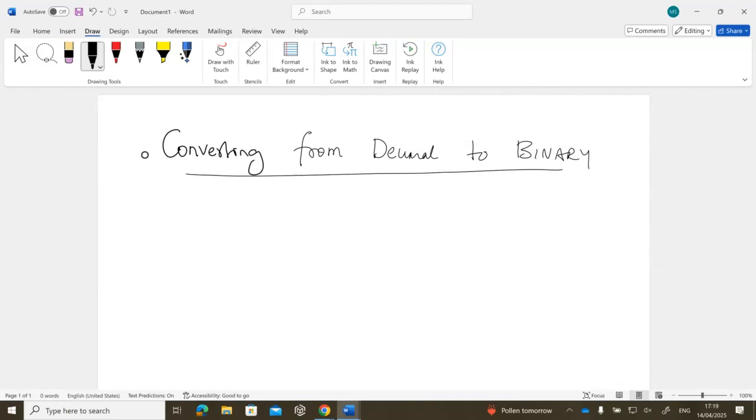Okay, so if I give you a number, let's do an easy one first. Okay, try to do 35 base 10. Tell me the binary number here. 35 in base 10 is what in base 2?